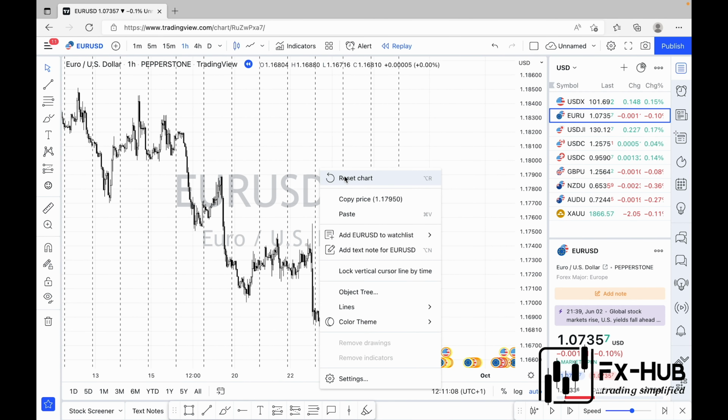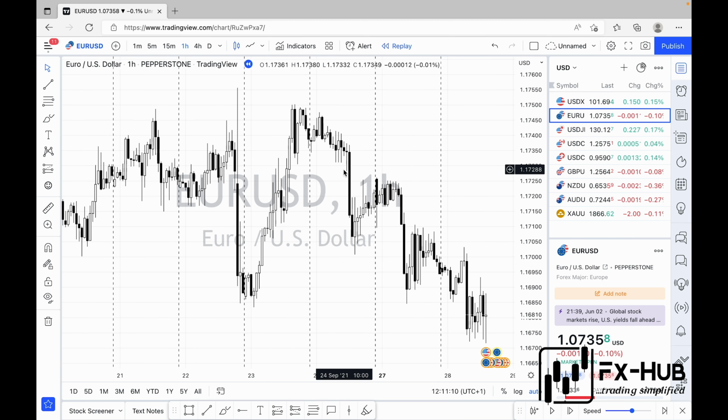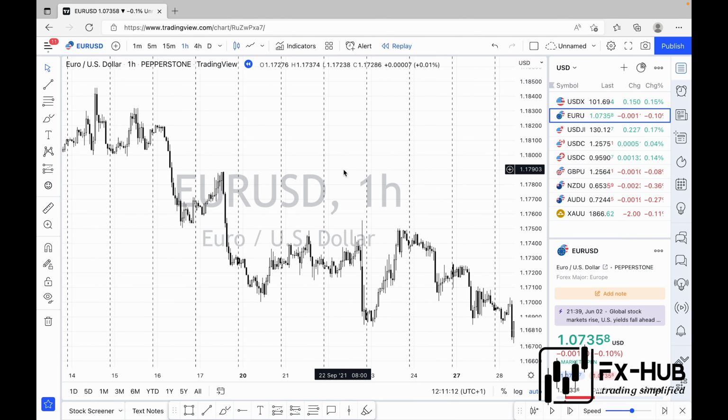The Japanese candlestick chart takes into consideration the high, the low, the open, the close. But the line chart only takes into consideration the closing price.